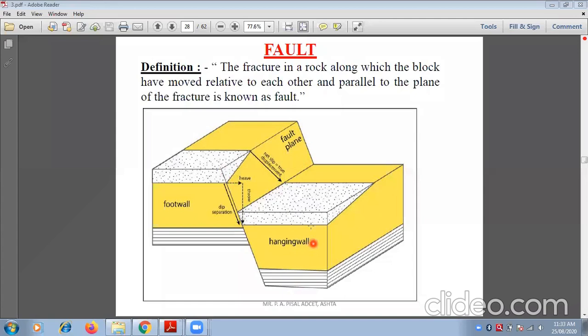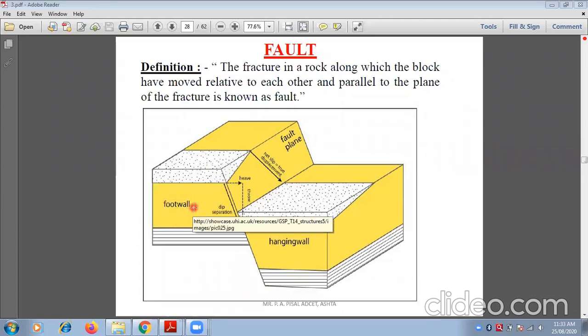On that fault plane, this block rests. So the block which is above the fault plane, that block is considered as a hanging wall, and the block which is below the fault plane, that block is considered as a footwall.